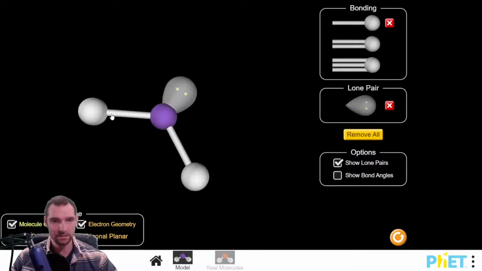In that case, these things shouldn't be able to cancel each other out anymore. It's just not going to work out that way. It doesn't matter how strong or weak these things are. If we've got sulfur and oxygen, oxygens are going to be more electronegative, so you're going to have a negative side and a positive side there.